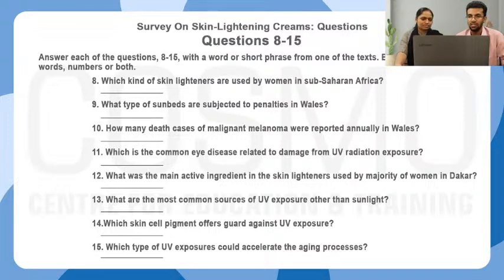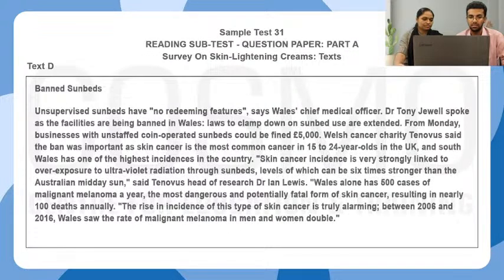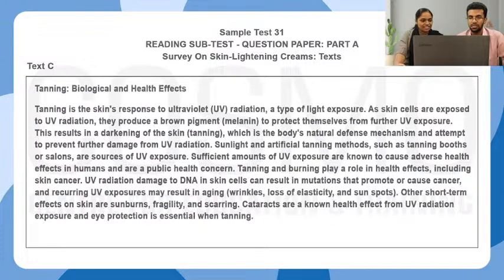Okay, first, let's go to Text D. See if there's any answer relating to eye disease. Let's pass through it quickly. You cannot find an eye disease in D, so it's obviously not D. As Devi Nandana said, let's look at Text C. Yes.